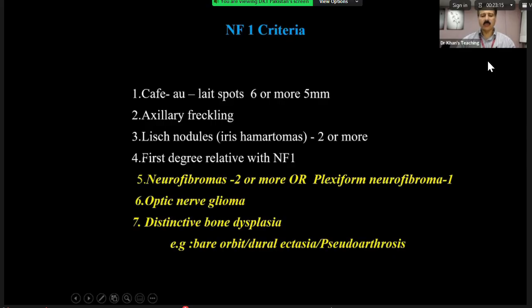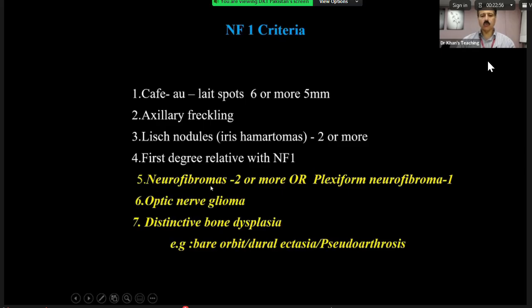Look at this. All of this is clinical, nothing to do with radiology, and we are not interested. The clinician will tell us that the patient is suspected NF1. But here we are interested because this is all radiology.